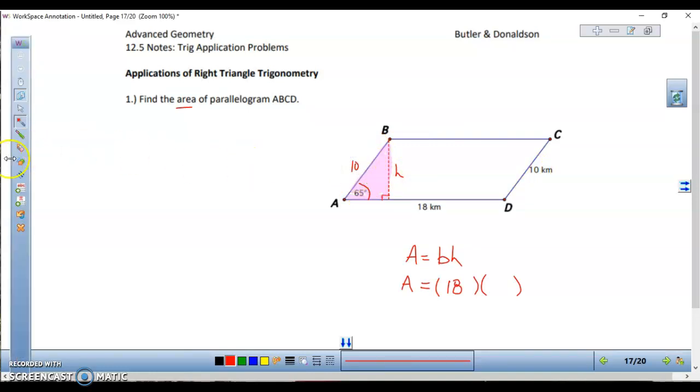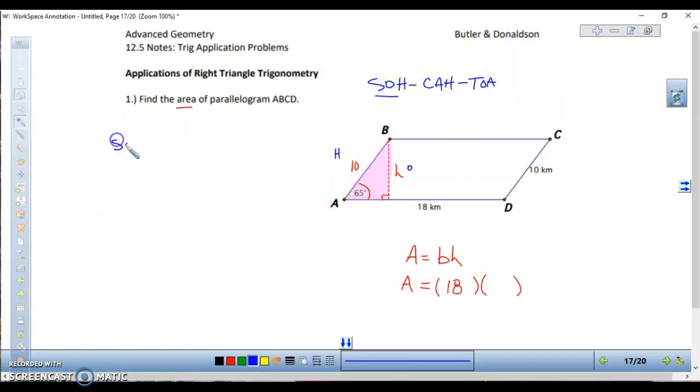So this is 10. Now in this right triangle, relative to the 65 degrees, this is the opposite side, and this is my hypotenuse. If I think about my acronym SOHCAHTOA, I see that I need to use sine.